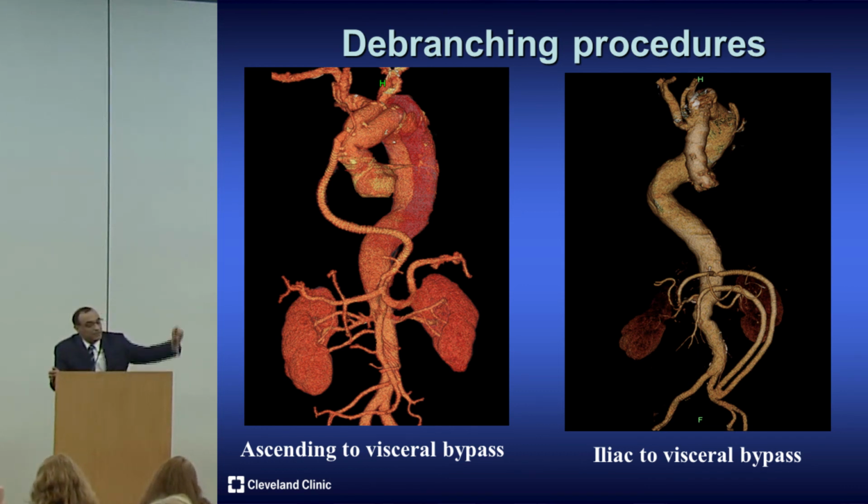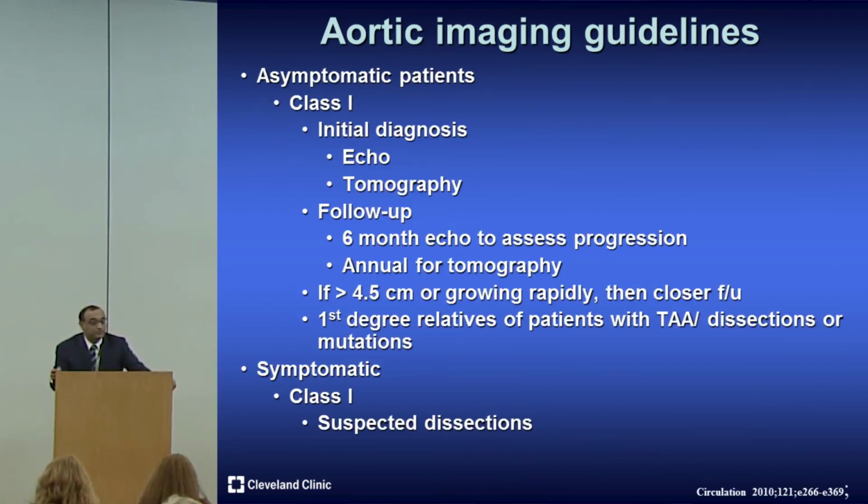So this is where he's put a graft from the front all the way to the belly to avoid the dissection in the middle, or all kinds of crazy operations that we've seen over the years where the patients have done well and avoided disasters. And CT is by far the best way of looking at these patients during longer-term follow-up.